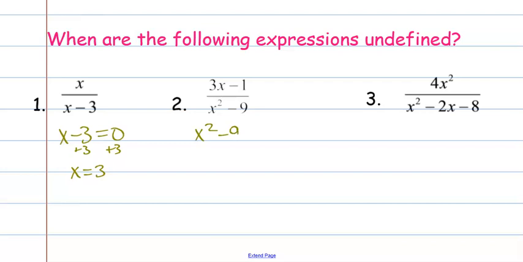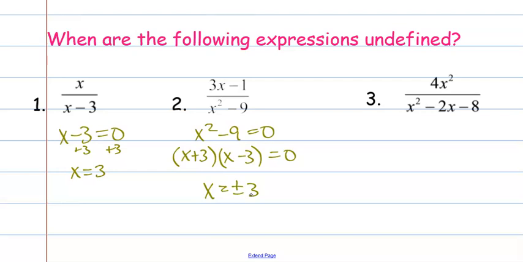Next one. So this one we do have to factor, but it's not in order to cancel with anything on top. It's just to help solve. So we get x plus 3, x minus 3, because that is a difference of squares. And then you would set each one separately equal to 0, and you'd end up with both plus and minus 3.